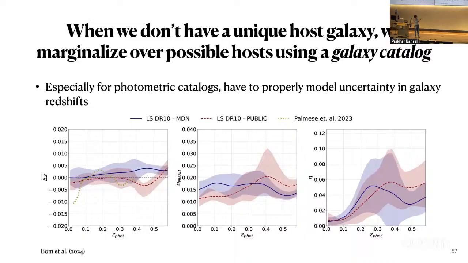This shows the average difference, kind of like an average bias, between the photometric redshift and the spectroscopic redshift as a function of the photometric redshifts. You want this number to be as close to 0 as possible, and this seems pretty good. You also want this measure of the intrinsic scatter in the bias at each redshift bin to be pretty small.